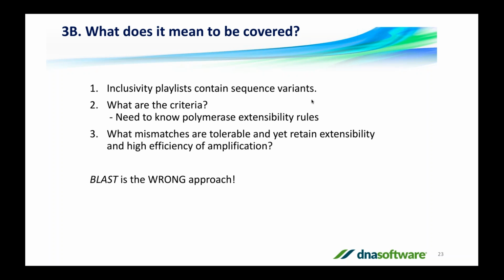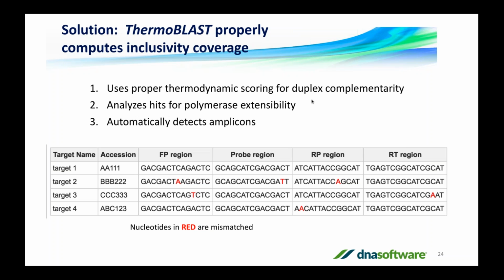All right, so I'll be showing you already that BLAST is the wrong approach for such problems. Multiple sequence alignment algorithms are the wrong approach. What is the right approach? Again, ThermoBLAST is very good at properly computing inclusivity coverage. It uses a proper thermodynamic scoring for duplex complementarity. It analyzes hits for polymerase extensibility.